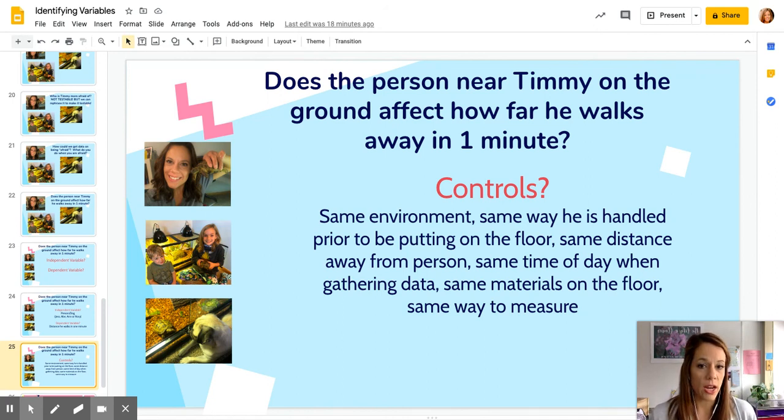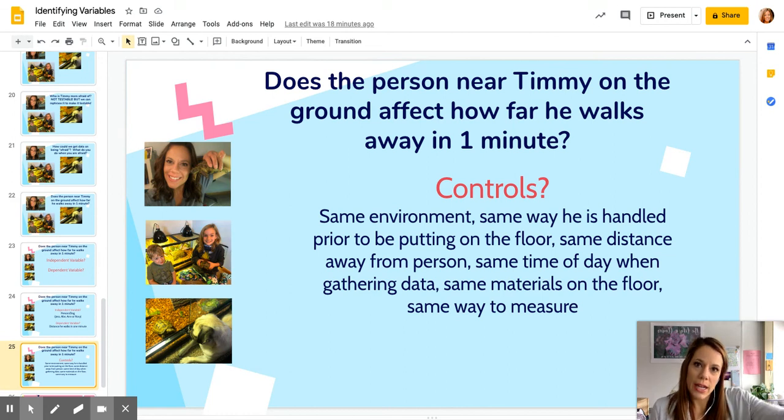Same time of day. Maybe in the morning he's all sleepy and he's not afraid of anything, and then at nighttime he has a lot more energy and is more out of it or kind of crazy. If I test Abe in the morning and me at night, that's going to have an effect on the results. Same materials on the floor.